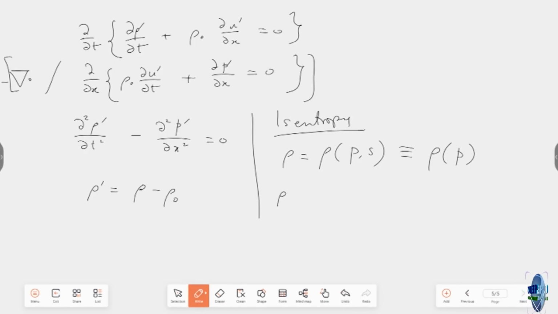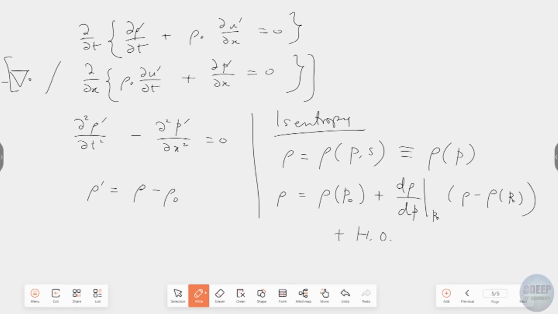But even if you don't know that relation, just from the mathematics, you can write this as a Taylor series expansion: rho at p0 plus d rho dp at p0 times p minus p0, plus higher order terms.